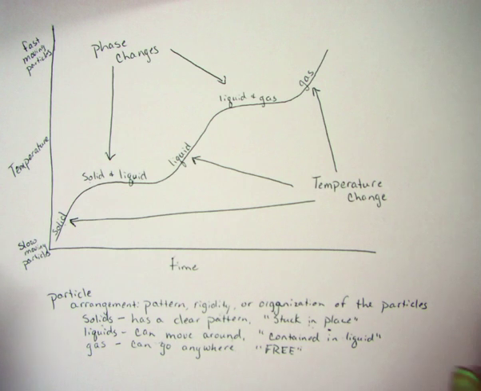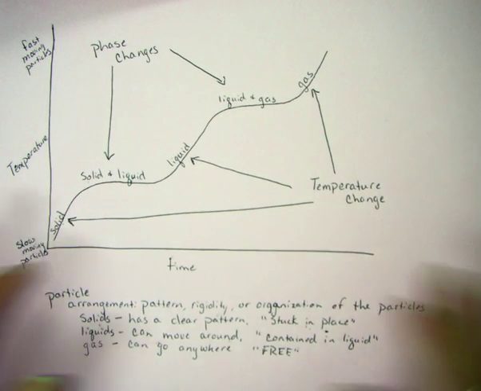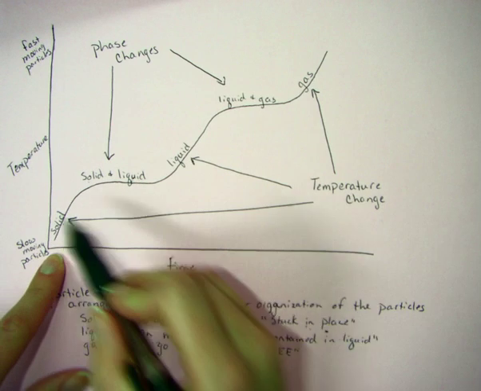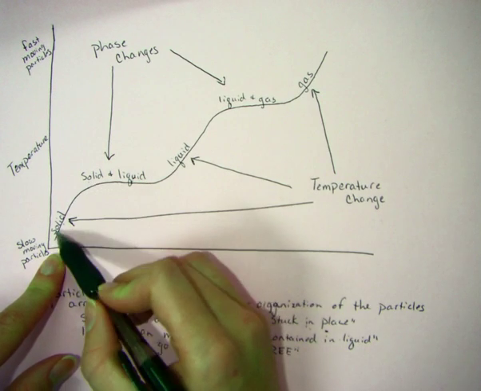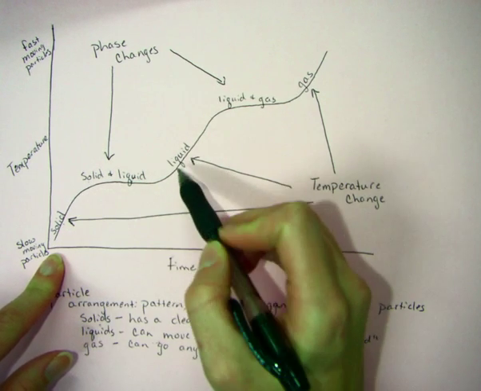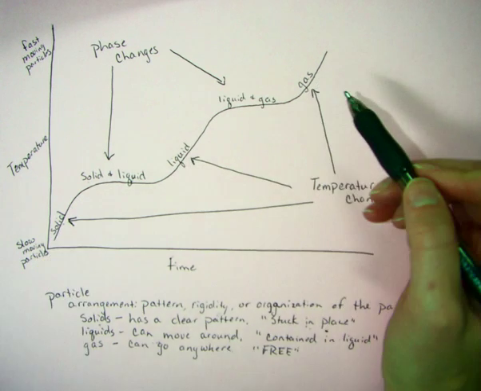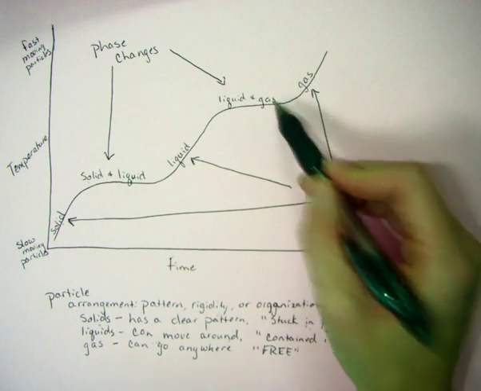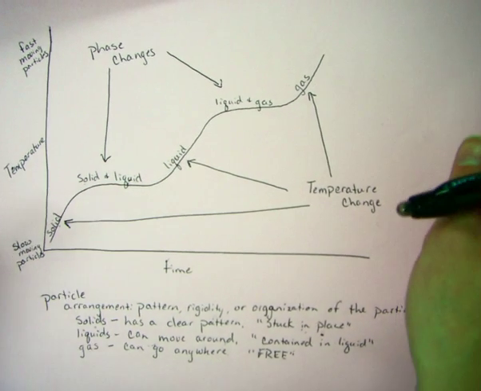The last part that I wanted to specify with this is how do we get from solid to liquid, and the terms we use to explain what's happening at these phase changes.